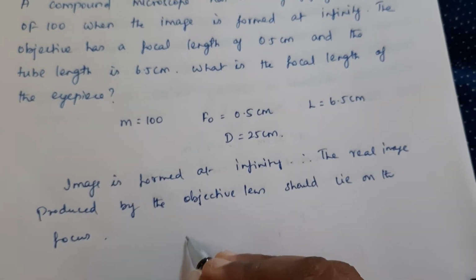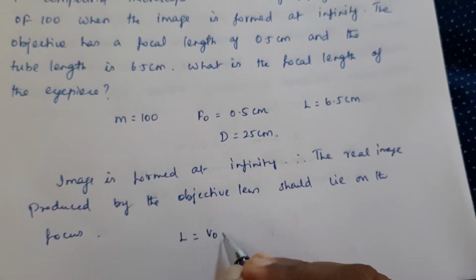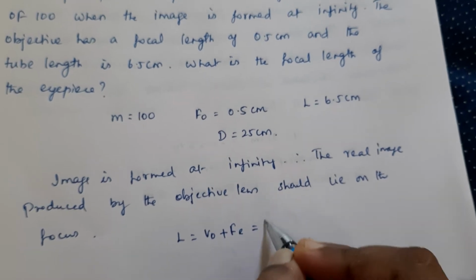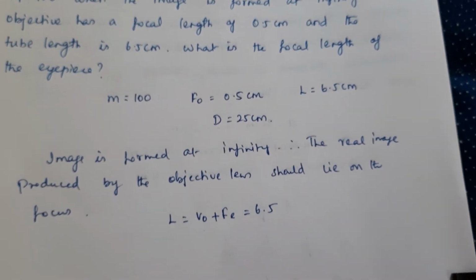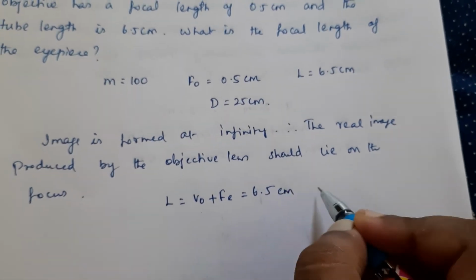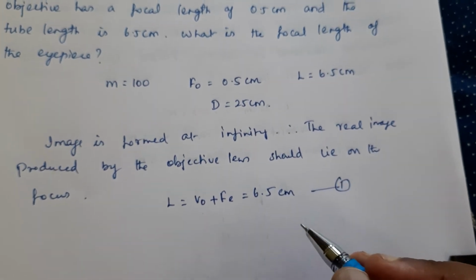So we can write the tube length L is equal to V0 plus Fe, that is equal to 6.5 centimeter. This I am going to take as equation 1.